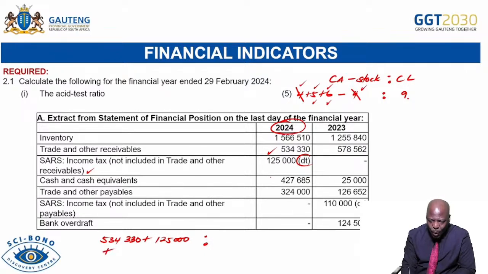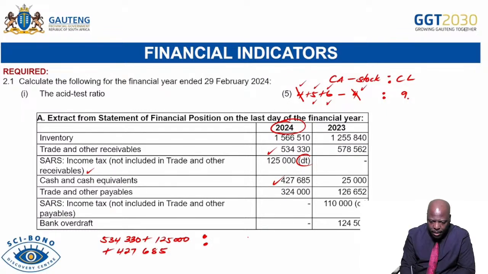Then I'm going to add what else? My cash and cash equivalents, which is 427,685. Yes, which is this one there. And then it becomes as to my current liabilities, that is trade and other payables.